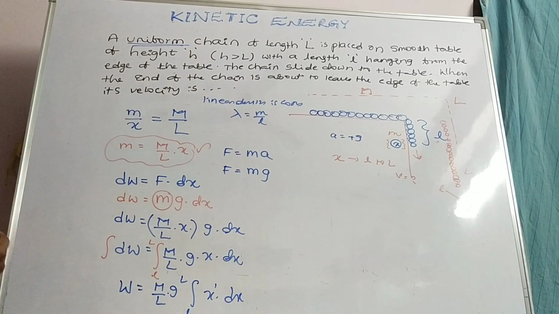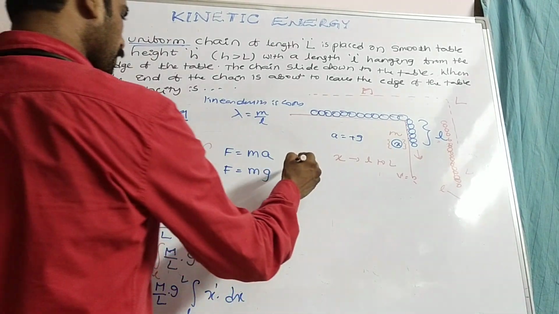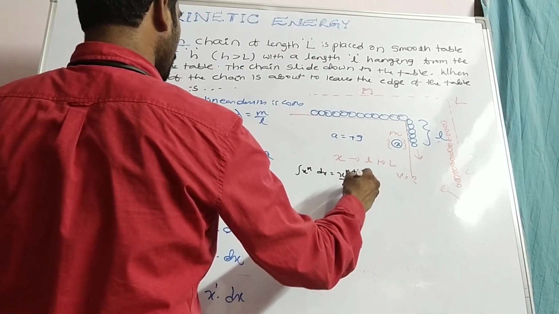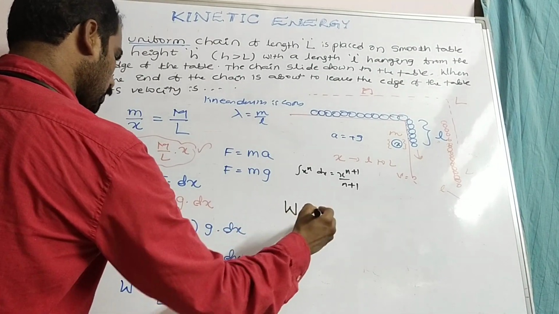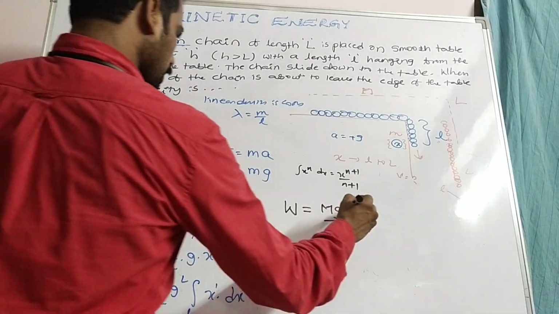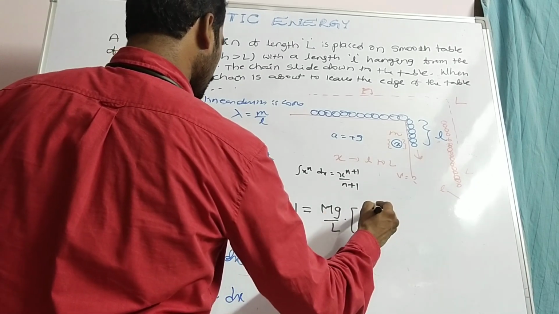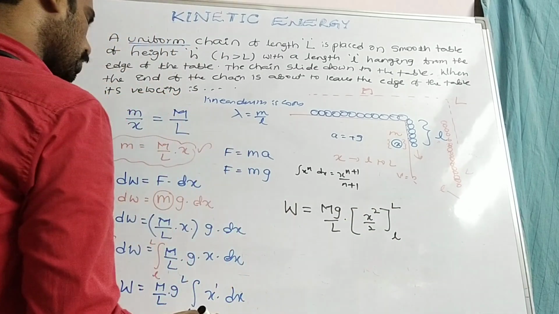It looks like x power n into dx, and we know the integral of x power n into dx is x power n plus 1 by n plus 1. So W is equal to M into g by L into x square by 2, from small l to capital L.